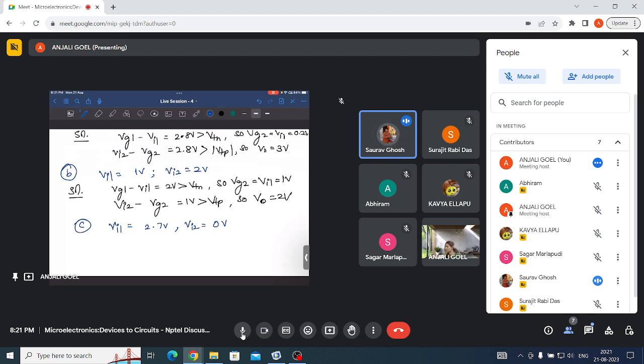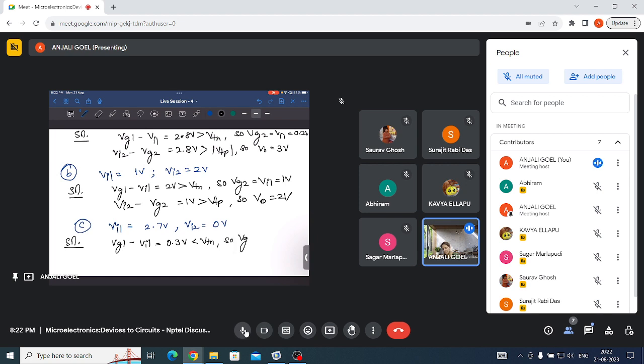Ma'am, V out is 0 volt. No. Okay, so I'll do it. So VG1 minus Vi1 is equal to 0.3 volt. So this is VTN.